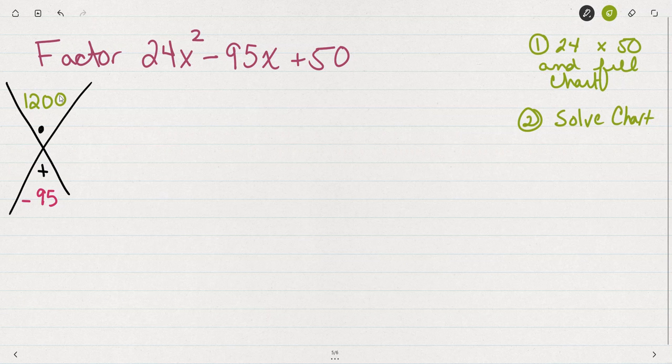So I'm looking for two numbers that when I multiply, I get 1200. When I add or subtract them, I get a negative 95. Well, 1 and 1200, that's pretty far off, right?